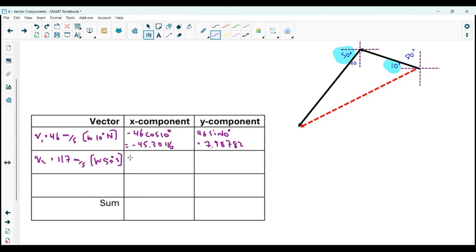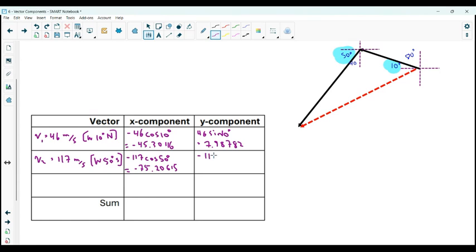So we'll say, all right, it's going to be negative 117 cosine 50 degrees. And that's going to work out to negative 75.20615. My y component is going to be negative as well.